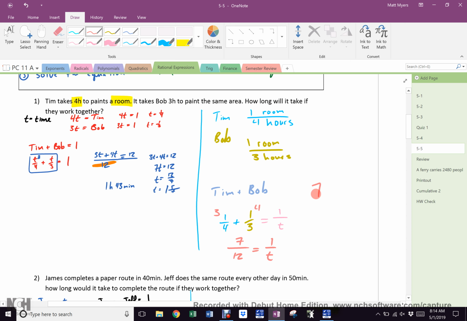Cross multiply. 7t equals 12. t equals 12/7. And we end up with the same answer. One of those should work for all of you, whether you think about it in terms of just Tim and Bob equaling some rate, or if you give Tim and Bob a rate to equal 1 room. One of those should work for you, yeah? Is everybody okay?